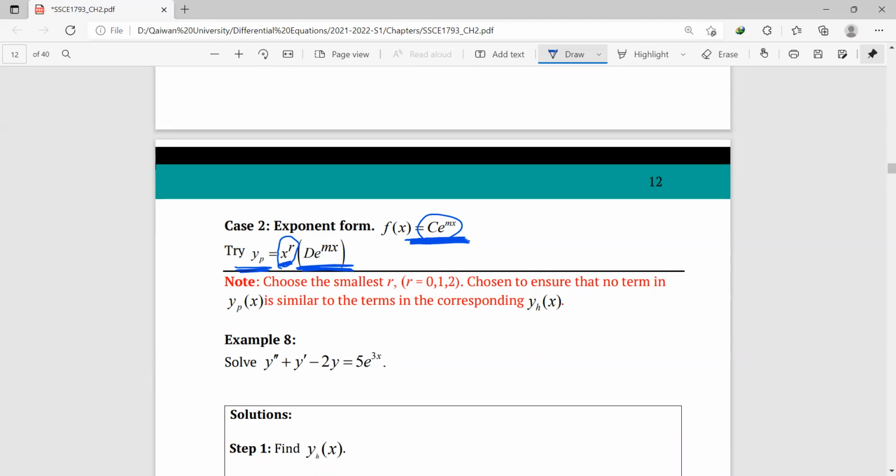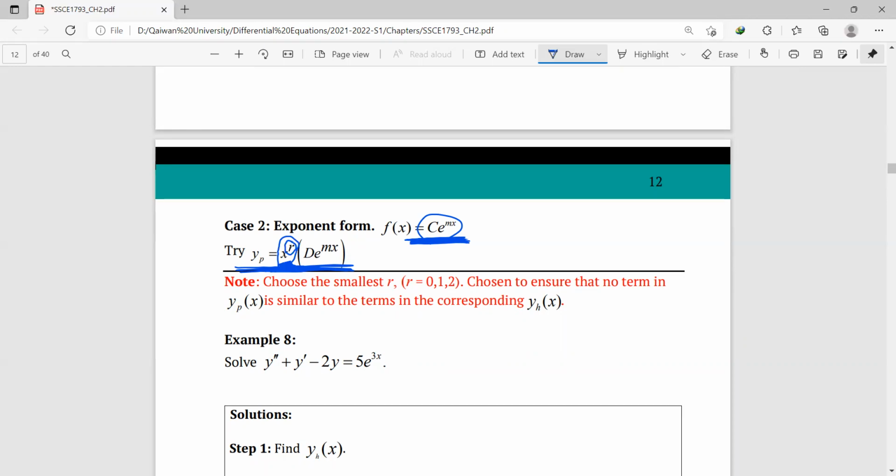Is there any way to remind me whether the value we put in the r is different? No, we must first find yh. To save time in the answer... Look, here we choose r 0 first.